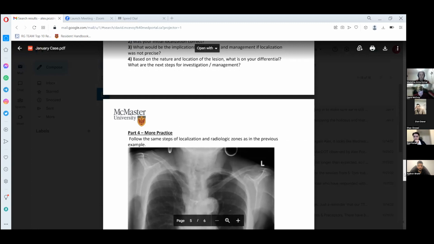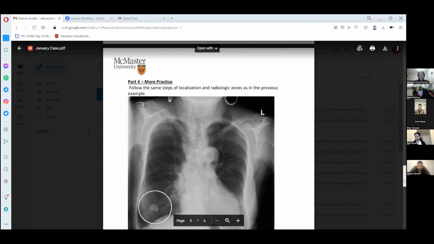That's usually the best modality for lung-based pathology. For other organs, you would use other modalities, but CT is usually a very good first step in investigating things that are not easily answered just by a chest X-ray.